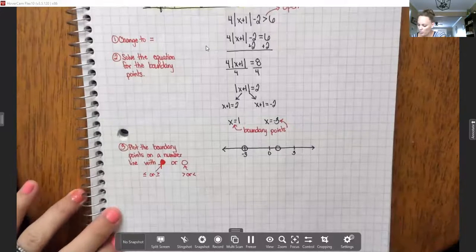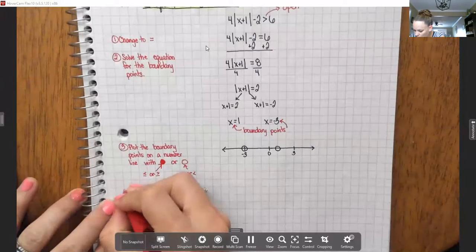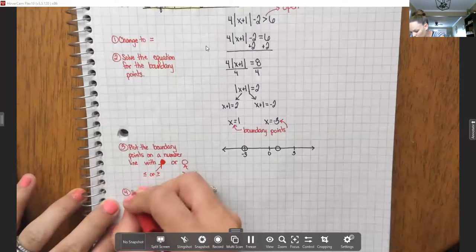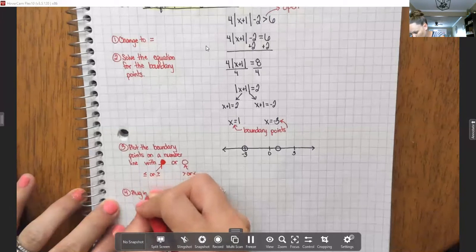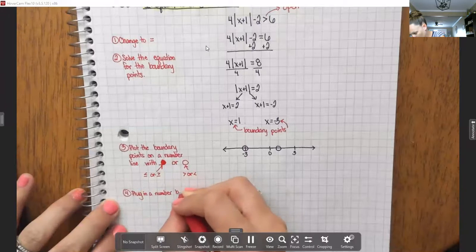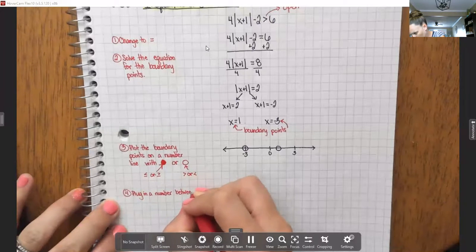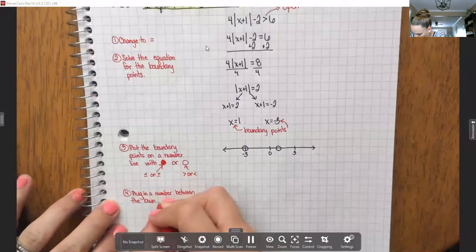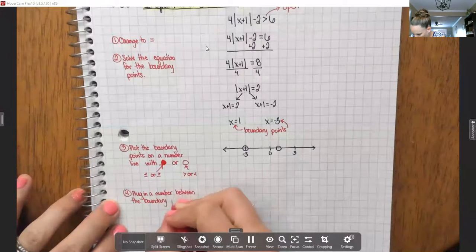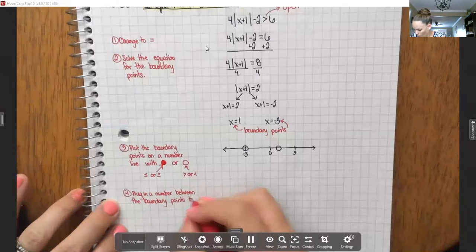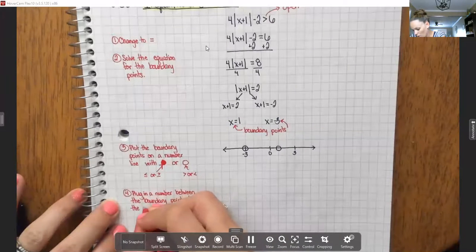So after we plot our points, we're going to plug in a number between the boundary points to the original inequality.